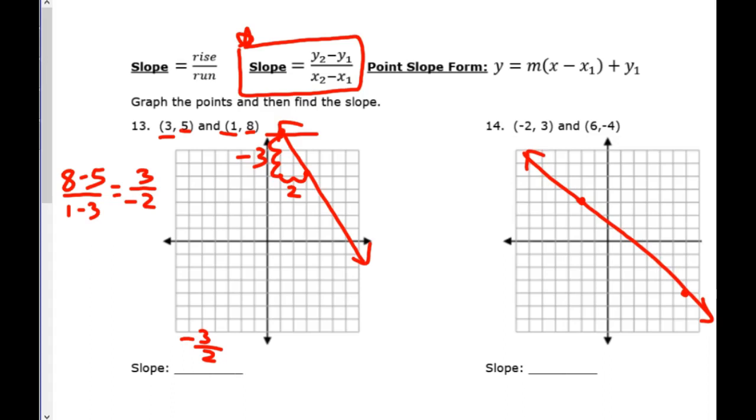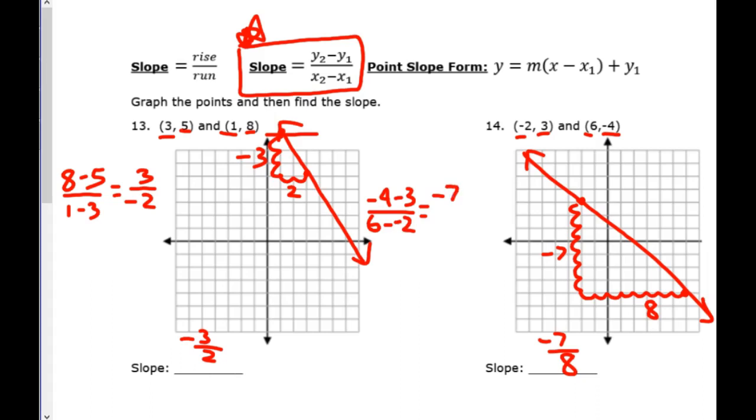Now, I can count this again. 1, 2, 3, 4, 5, 6, 7, negative 7. 1, 2, 3, 4, 5, 6, 7, 8. Negative 7 over 8. But to use the formula, y2 minus y1, negative 4 minus 3, over 6 minus negative 2, negative 7 over 8. Either way, you get it, okay? Cool.